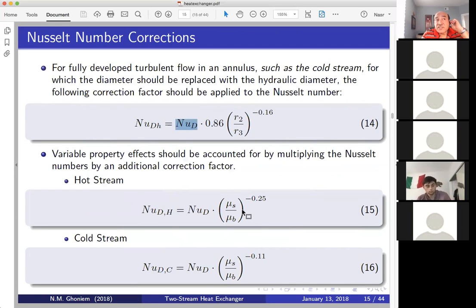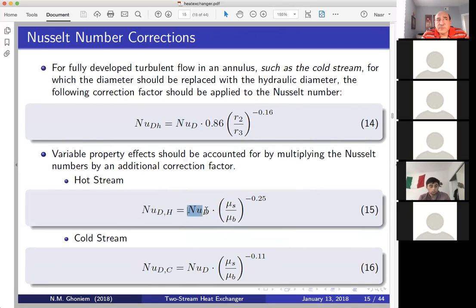The second correction is that as the temperature changes from the middle of the tube to the surface of the tube, the viscosity of the water will change accordingly. So the viscosity is a function of temperature. The Nusselt number that we compute is for the middle point of the water where we measure. But on the surface, the Nusselt number is going to be slightly different.